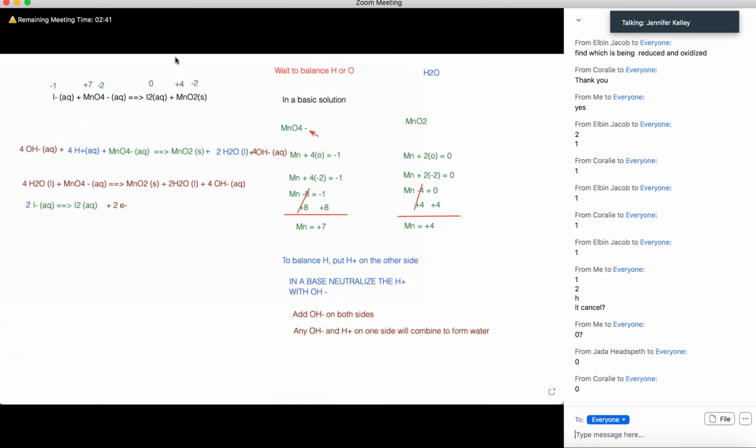So what we're going to be looking at is the manganese. Over here, we said it was +7. And over here, we said it was +4. That's what we did up here. So this was a +4, and this was a +7. So we're trying to figure out how to make them equal. We always add on the more positive side.